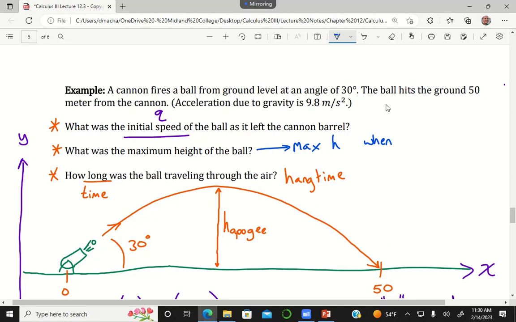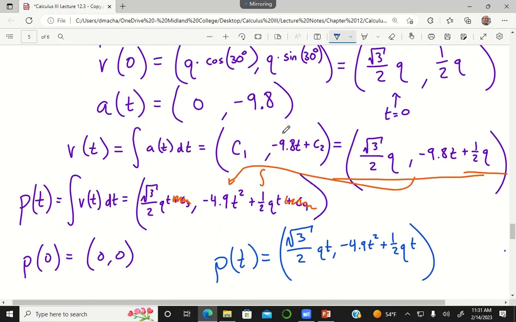So initially the y component of the velocity is positive, and then as it's traveling back down towards Earth, the y component of the velocity should be negative. Since this is a continuous function, going from positive to negative, there's a point where the vertical component of the velocity is 0. That point is going to be my apogee. And so I get the maximum height when I set the y component of my velocity to 0.